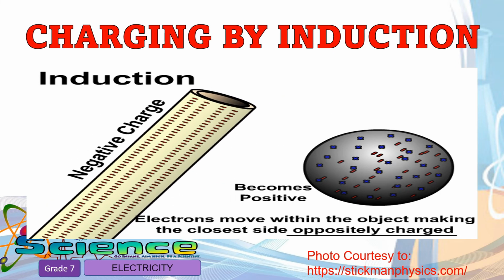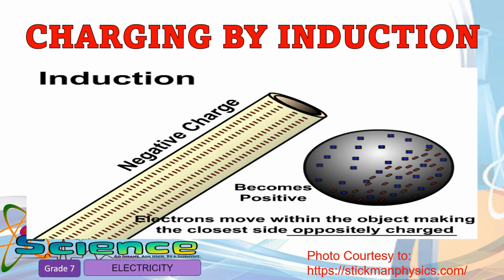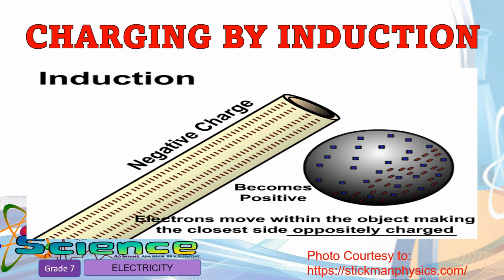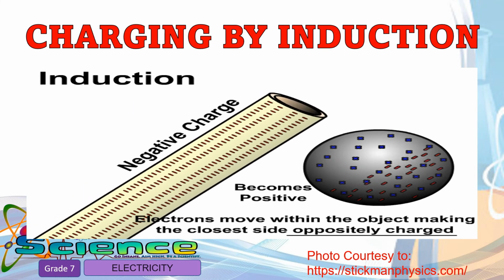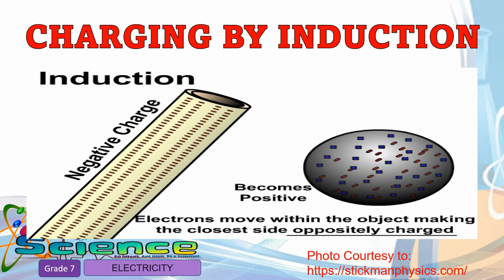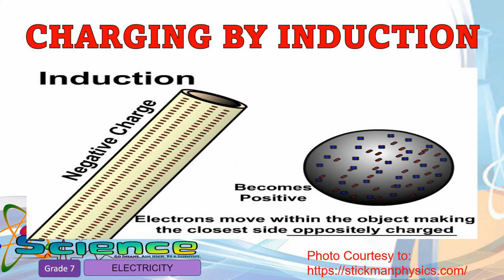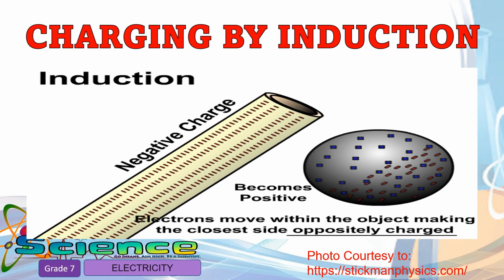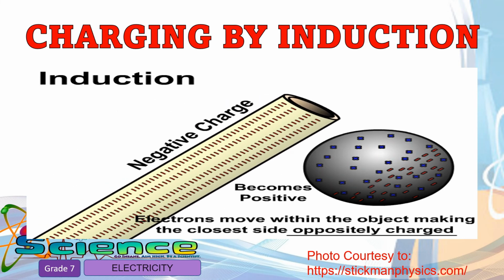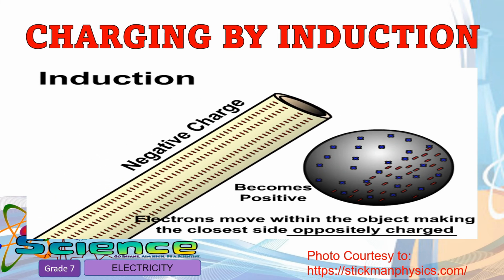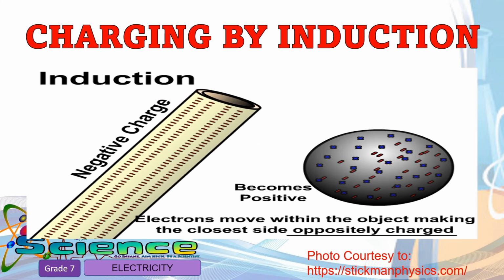Very good. The electrons move to the other side of the metal sphere. The side that is close to the rod becomes positively charged, but this charge is temporary. It is temporary because electrons did not transfer to or from the object.